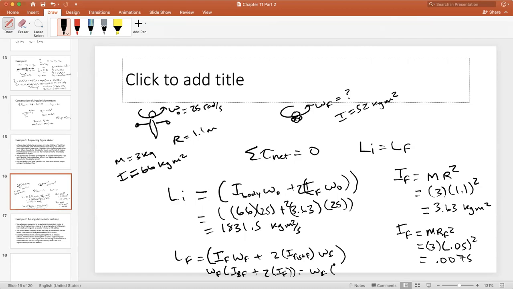That is 52 plus 2 times 0.0075, which is 0.015, so 52.015. So let's move to the next slide.